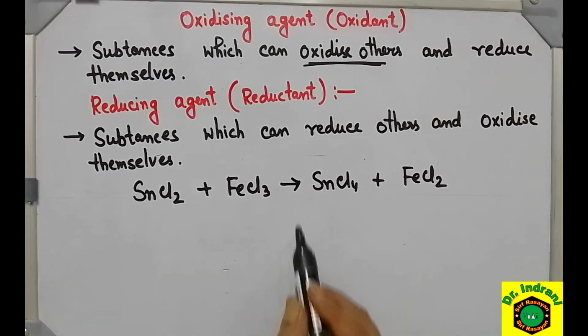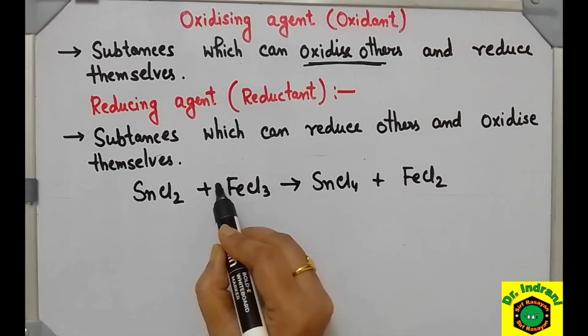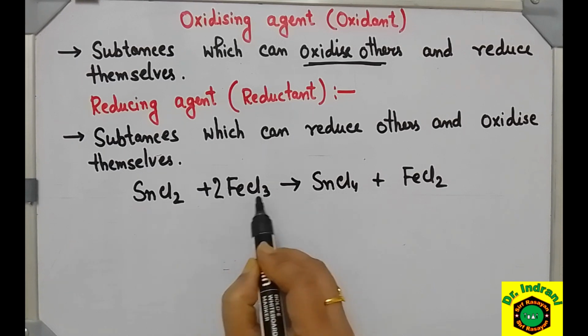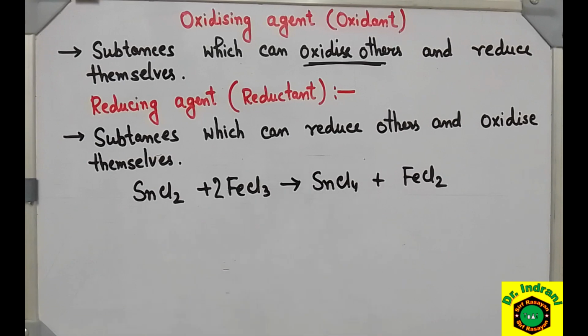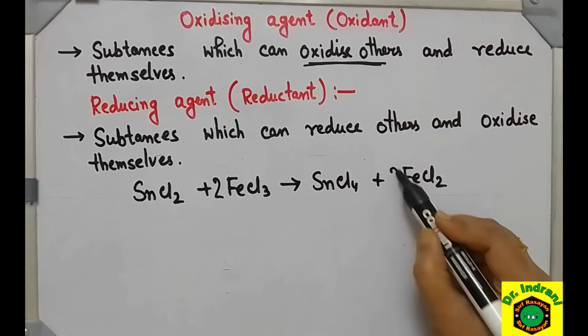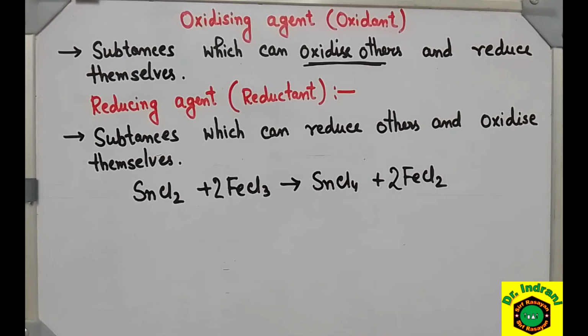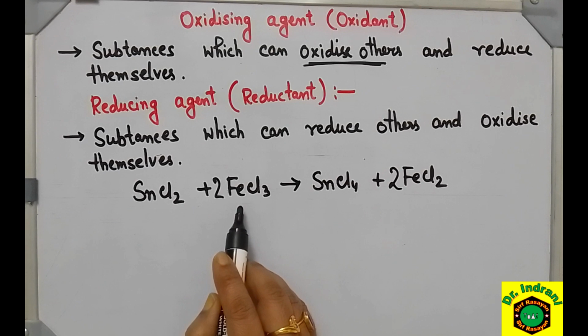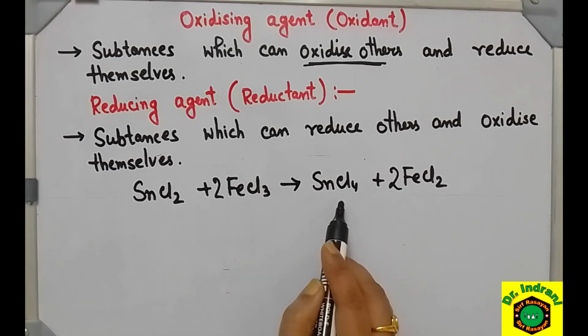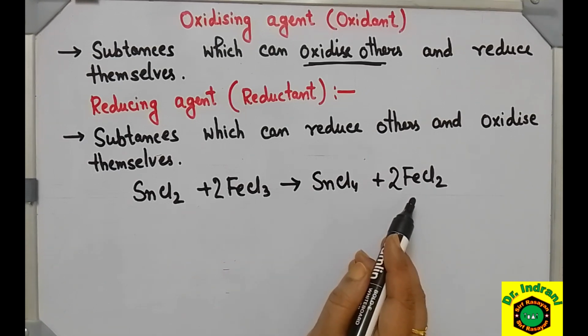Now you have to balance it. So here 8 chlorines are there. So 4 and here also you have to make it 2. So like that way you can balance it. Now see, here stannous chloride and ferric chloride are the reactants and stannic chloride and ferrous chloride are the products.